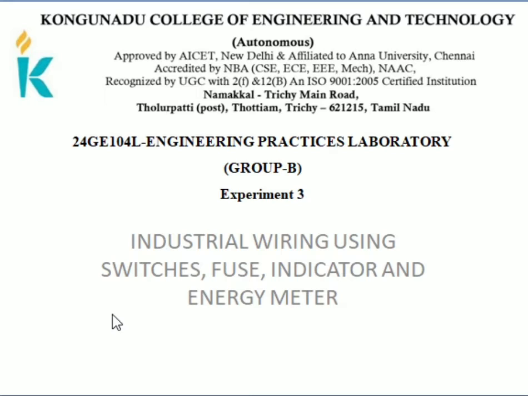Another difference is that in residential homes we use low power equipment like an iron box, lamp, ceiling fan, and mixer grinder. All of that is low power equipment. It is enough to supply the power to low power equipment with a single phase line.